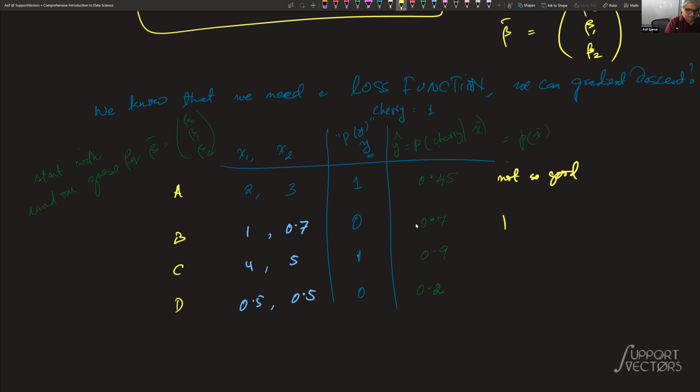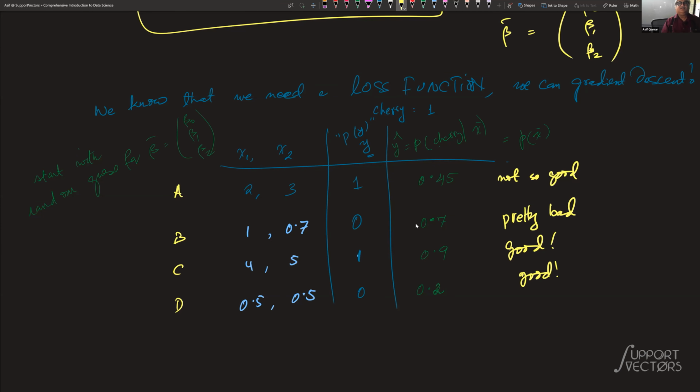Pretty bad, actually worse. And what about C? Pretty good. And what about D? D is good, right? Because 0 and 0.2 are pretty close.